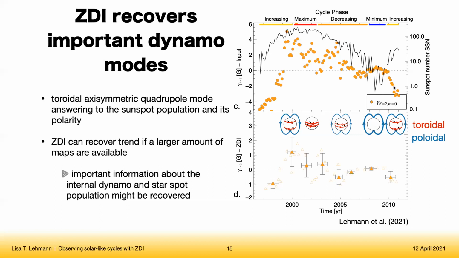When the new cycle starts with opposite polarity, we see that this number is increasing again. You may notice that the transition between solar cycle 22 and 23 is quite different from the transition between 23 and 24. And we think this is due to the unusually long minimum that occurred in 2008, 9, and 10.